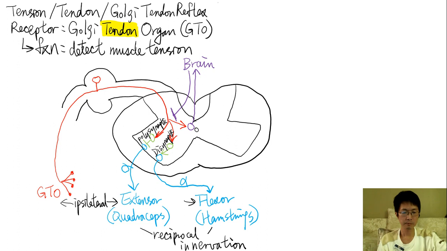So you can see that both the stretch reflex and this tension reflex prevent your muscle from overstretching, but their strategy is different, and also their result is totally opposite.